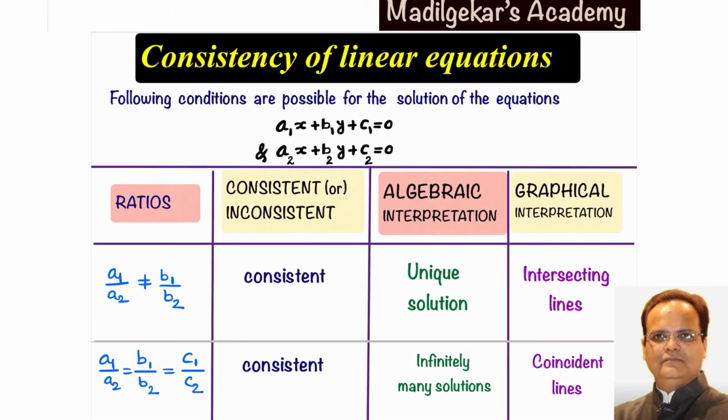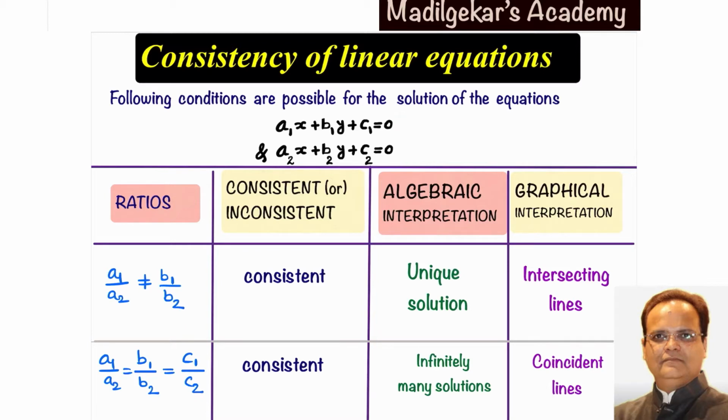Now let's start the interesting concept of this chapter, that is consistency of linear equations. Consider two equations, a1x plus b1y plus c1 equals 0 and a2x plus b2y plus c2 equals 0. Consistency of these two equations means checking whether these two equations have solutions or not.